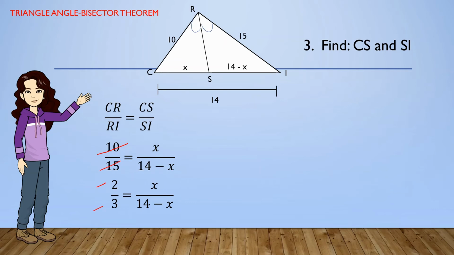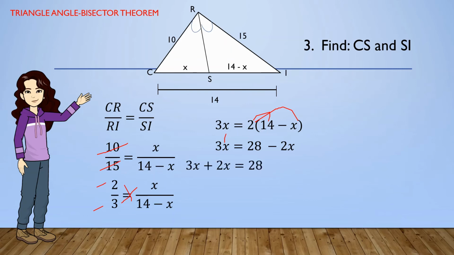Then now, cross product. We multiply 3 times x is 3x, equal to 2 times the quantity of 14 minus x. Then distribute 2. Copy 3x, then 2 times 14 is 28, and 2 times negative x is negative 2x.